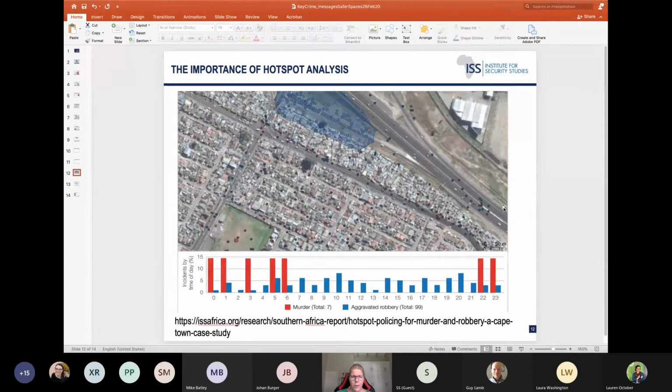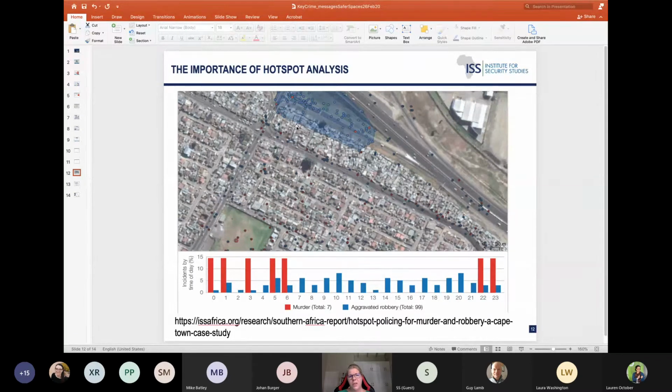Now, what do we know about aggravated robberies or street robberies in particular? An amazing study that was done by colleagues of mine, Ian Edelstein, Robert Arnault, and Dr. Andrew Fall, found that when you start looking at hotspot analysis, this was for Nyanga, I think, the point data provided by the police have clustering effects.